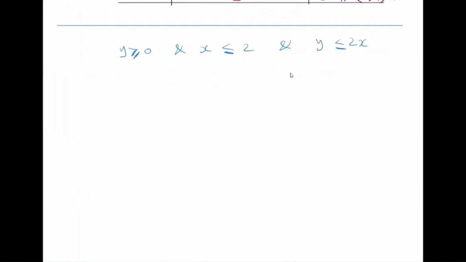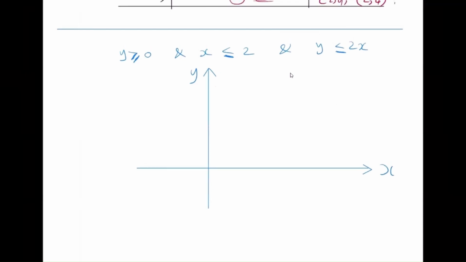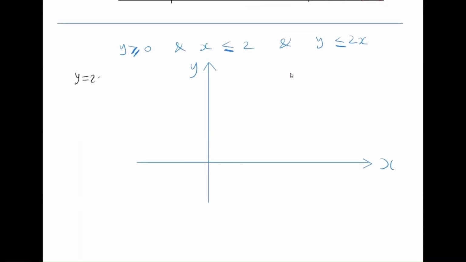You have many points for this, at least 1 point. y increasing means it will be above the x-axis. This is the x, this is the y. What about y equals 2x? How to draw such a line? Put x equals 0. What do you get? 0, 0, since 2 times 0 is 0.